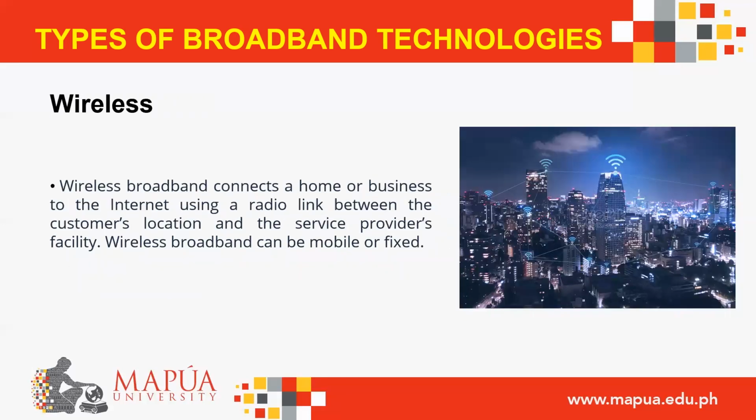Next one is wireless. Wireless broadband connects a home or business to the internet using a radio link between the customer's location and the service provider's facility. Wireless broadband can be fixed.